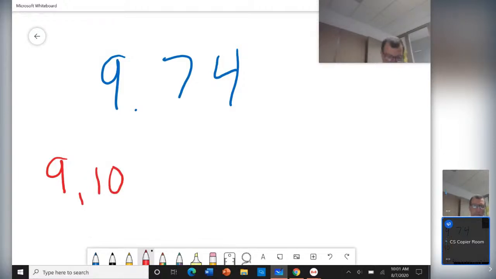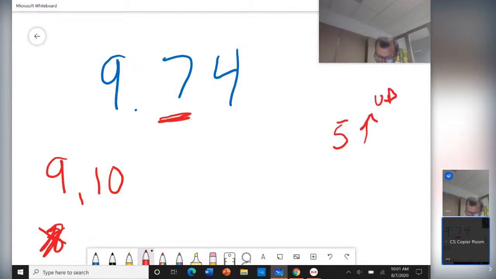We never round down below, so we'd never go to 8. That's not an option. It's either 9 or 10. Basically our rule is we look at the number to the right. So this 7. Remember, if it's 5 or higher, you round up, and if it's 4 or lower, it stays the same.